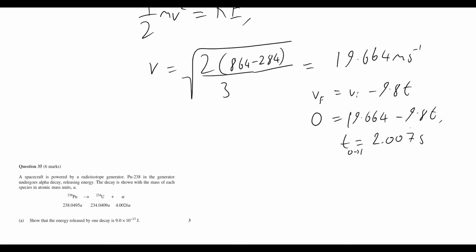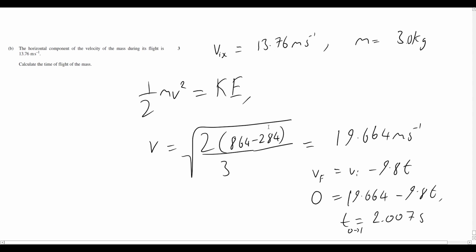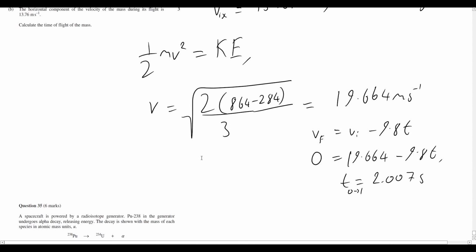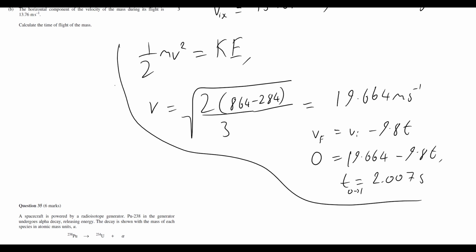So now we're going to do pretty much the exact same equation, but now we're going to be looking at the transition from t1 to t2. Okay, so again, this will follow the exact same equation, so I might just separate this and partition that over there. So let's have a quick look at what that looks like now. So v is now going to be equal to the square root of 2 over 3, times by the difference here, from 1,393 minus, again, 284.